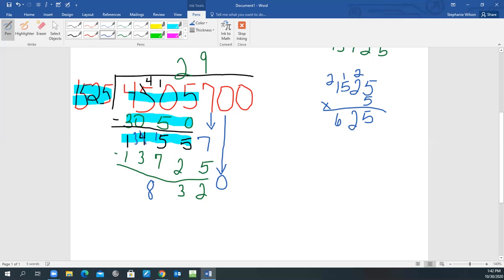Carry the 2. 5 times 1 is 5, plus 2 is 7. That's our number. So we're going to use 5. So now we got 7625, and we're going to subtract these.